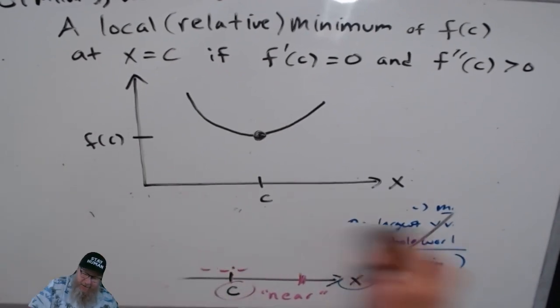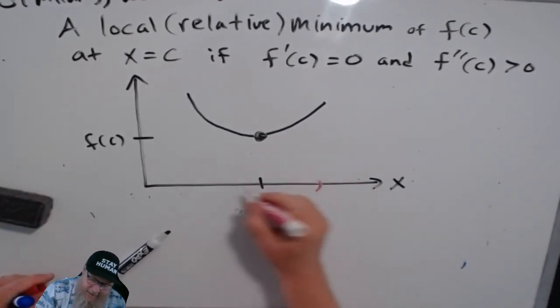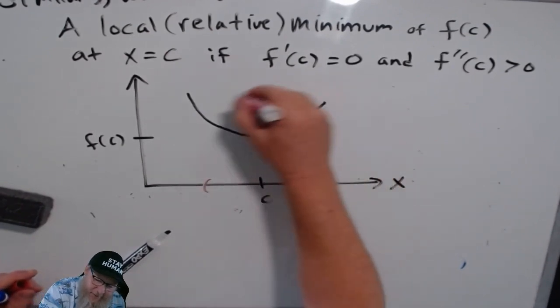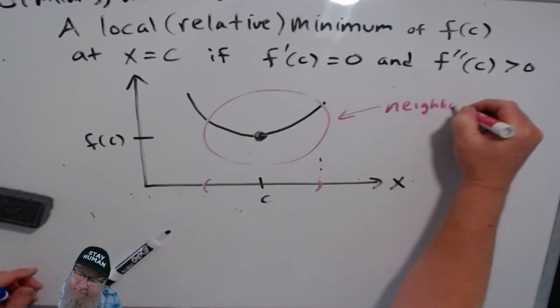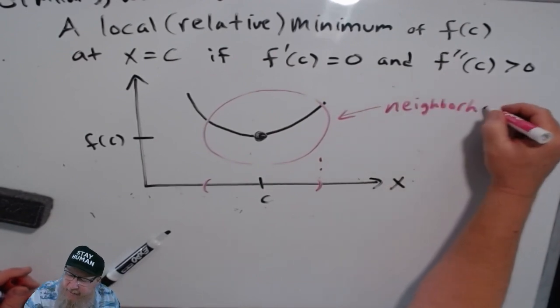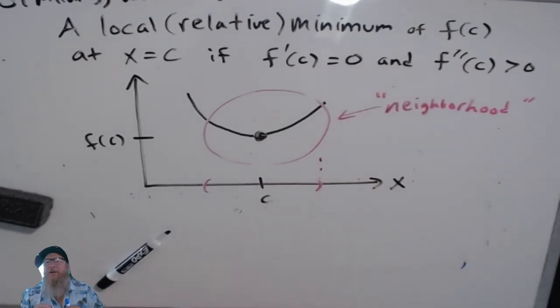Okay. And as long as we are near c, we have some sort of neighborhood. Neighborhood is very loosely defined in this lecture.